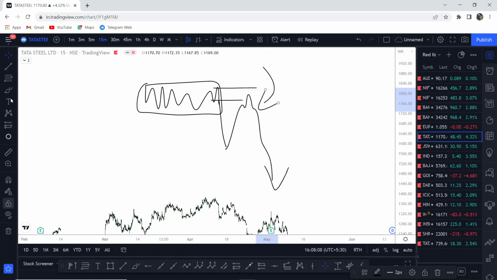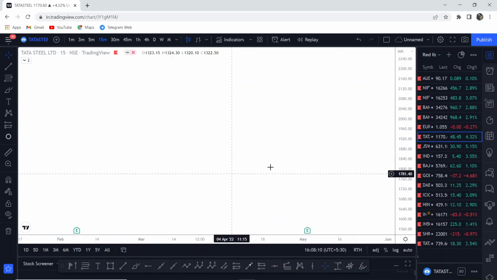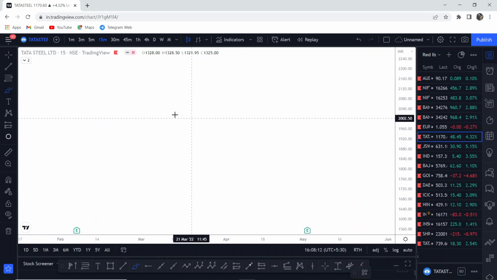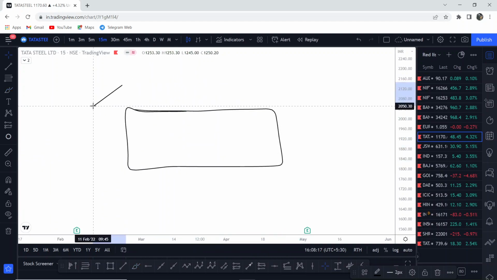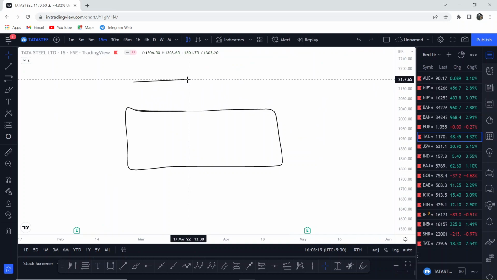All right, so before going to the charts, let's try to understand a little bit why this happens. So let's say this is an area of demand.